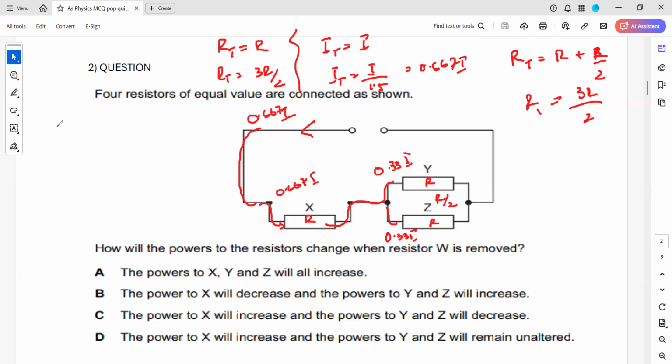Now we find the value for the power of X. So we use the formula P equals I square R. The current here is now 0.667 I squared, and the resistance is R. So what's the answer here in terms of the fraction?